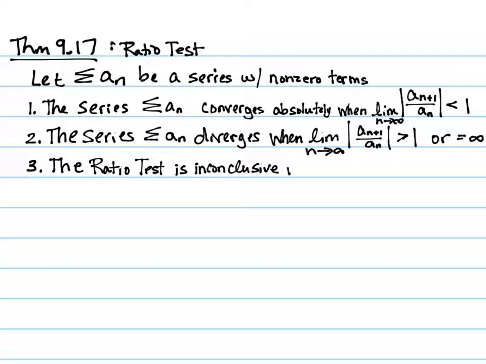The ratio test is inconclusive when the limit as n goes to infinity of a sub n plus 1 over a sub n is equal to 1. It doesn't necessarily mean that it converges, and it doesn't necessarily mean that it diverges. It could do either, or it could converge conditionally, but we don't know which. Really what this is telling you is that the ratio test was not the test to use. It wasn't a good choice, and it didn't give us any information.